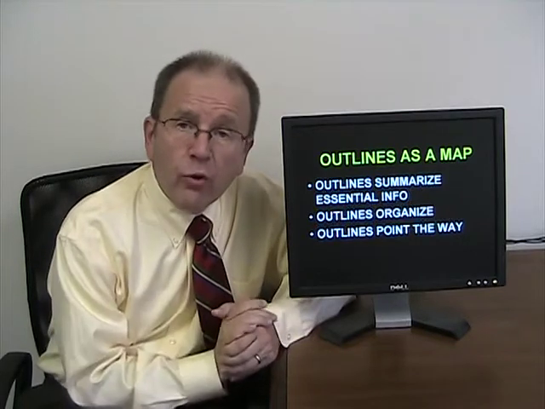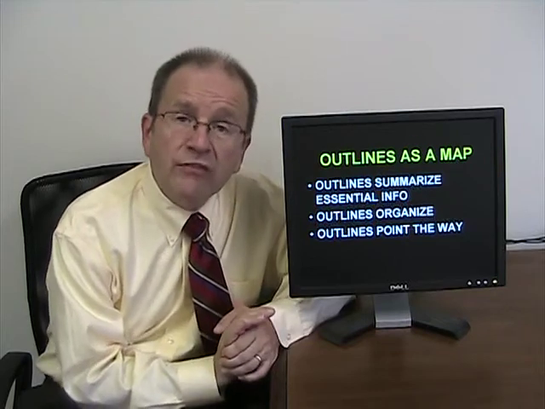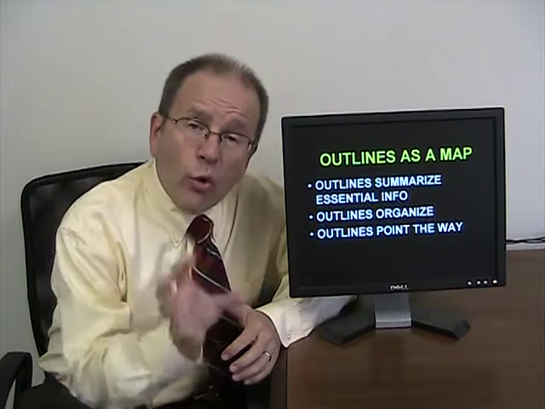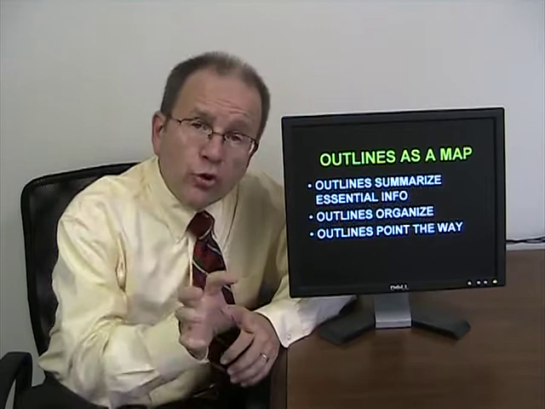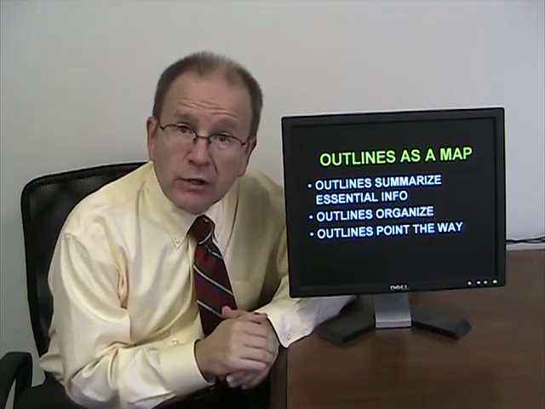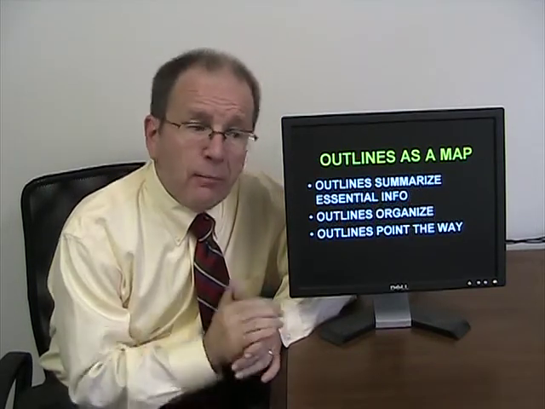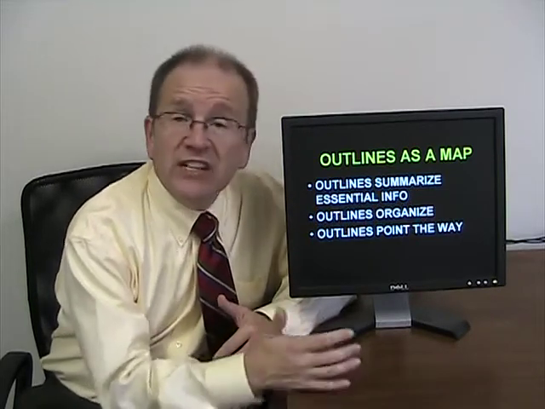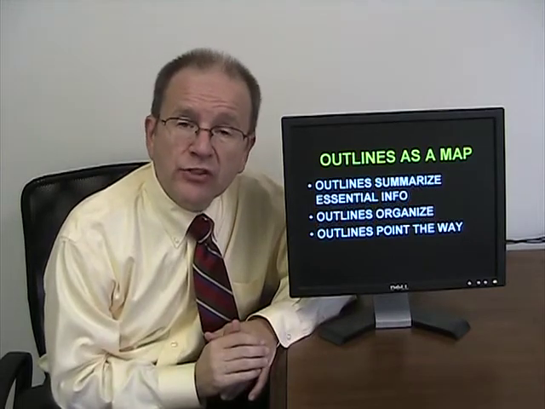Remember, we talked before about clients walking in and telling you a story, and you have to figure out what's going on. Well, in a sense, with an organized outline of the relevant legal concepts, you have the ability to see first what applies, what doesn't apply, and then to guide you through the analysis by saying, what are the elements, or what might be the defenses, or what are the exceptions to the rules that allow you to then be able to service your client well.